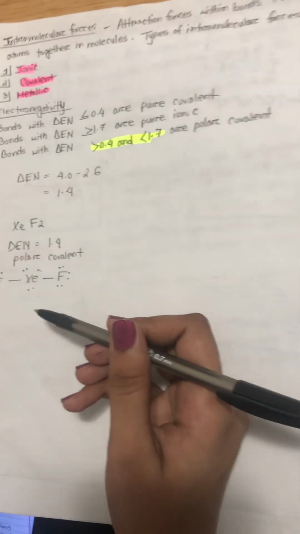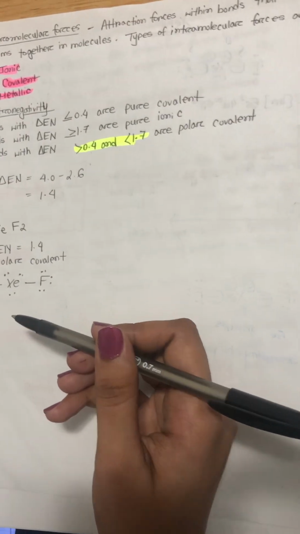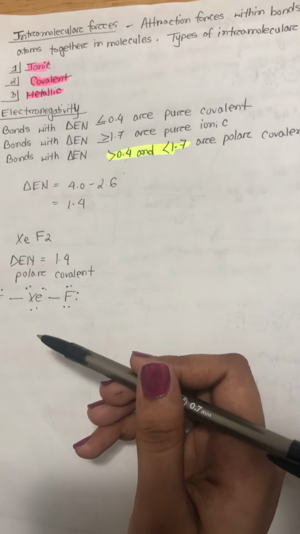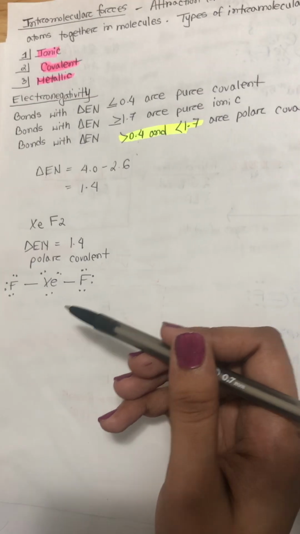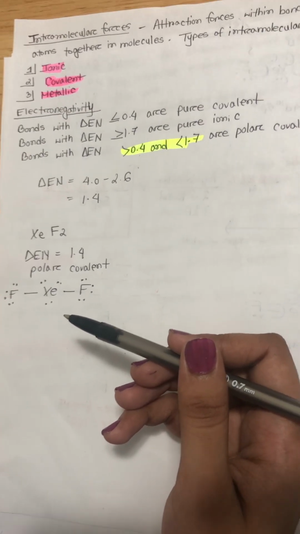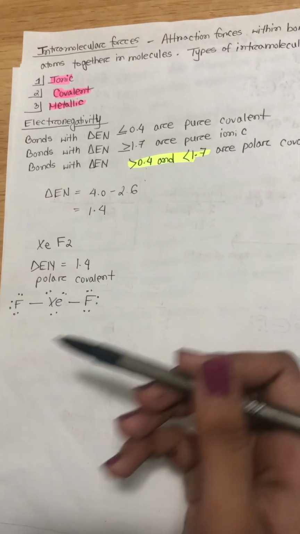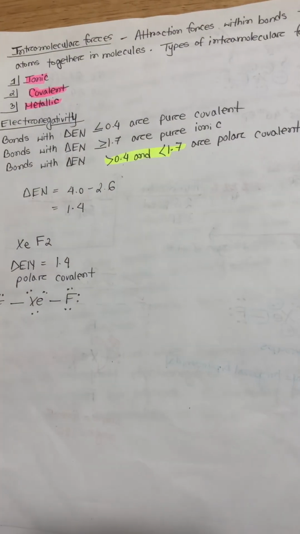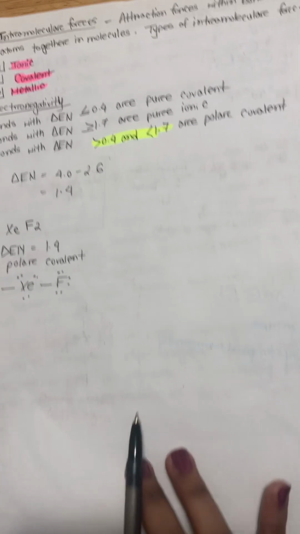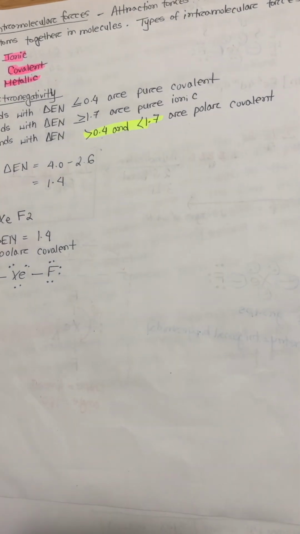Both dipoles being equal and in opposite directions cancel each other due to the linear structure, which means the whole molecule becomes nonpolar. That's why it is not polar.